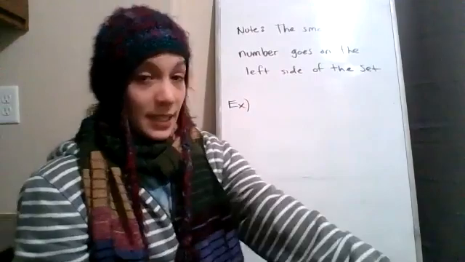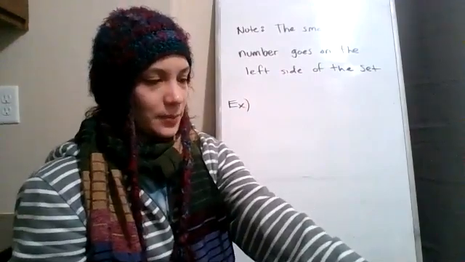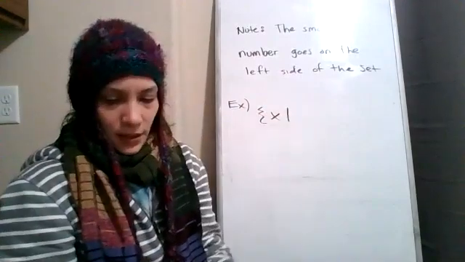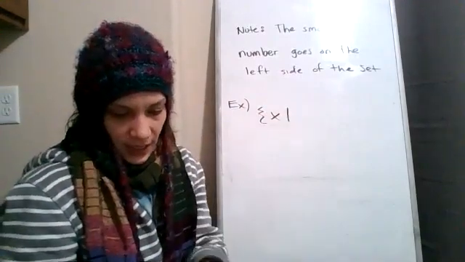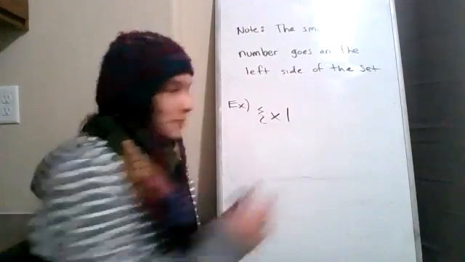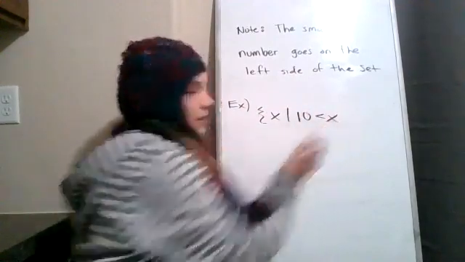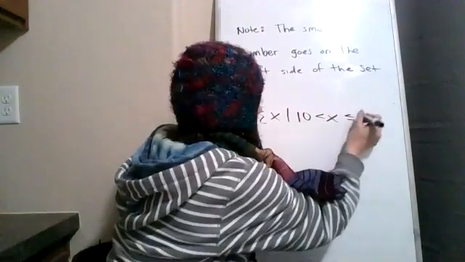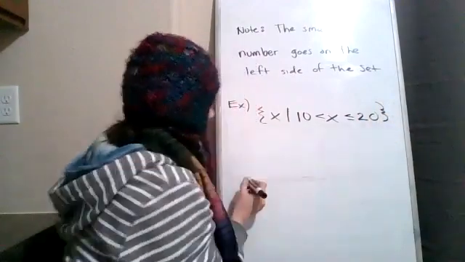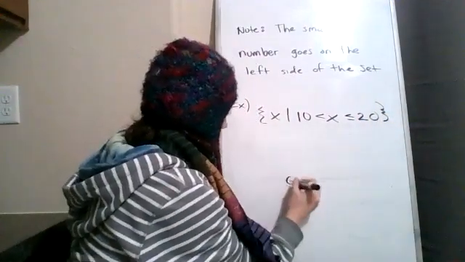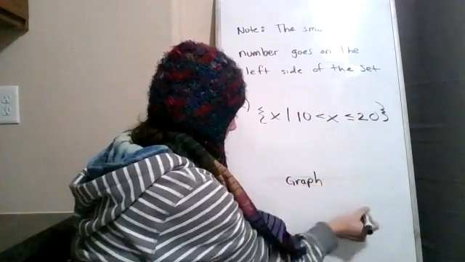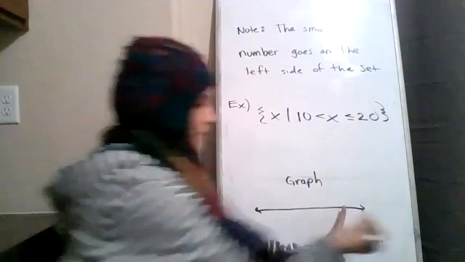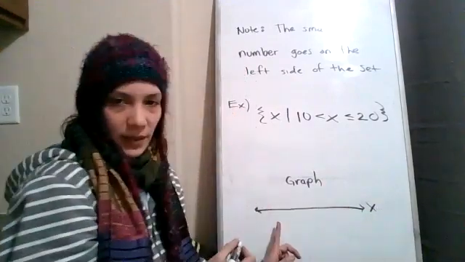Let's take the set of x such that 10 is strictly less than x, and x is less than or equal to 20. Start the graph. Okay, these are values of x on a number line.